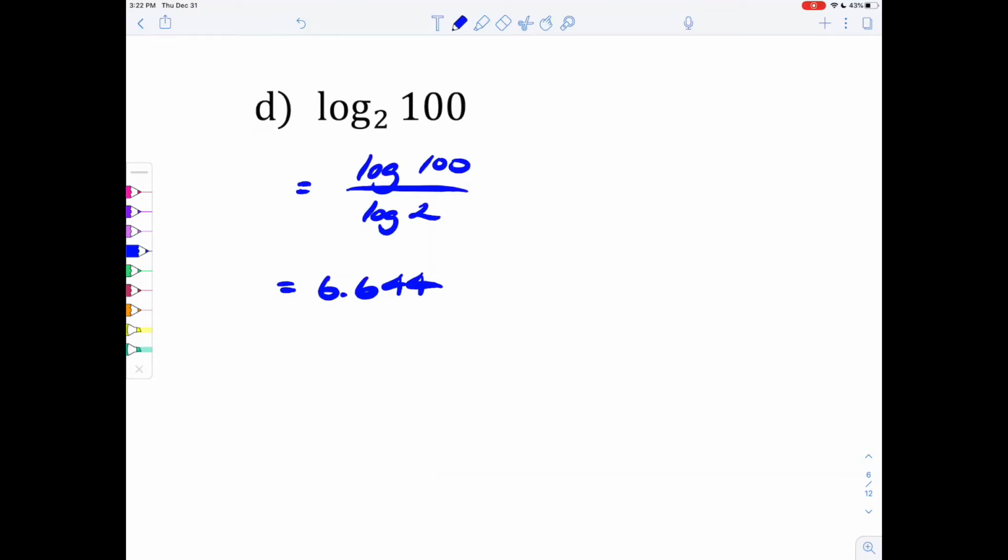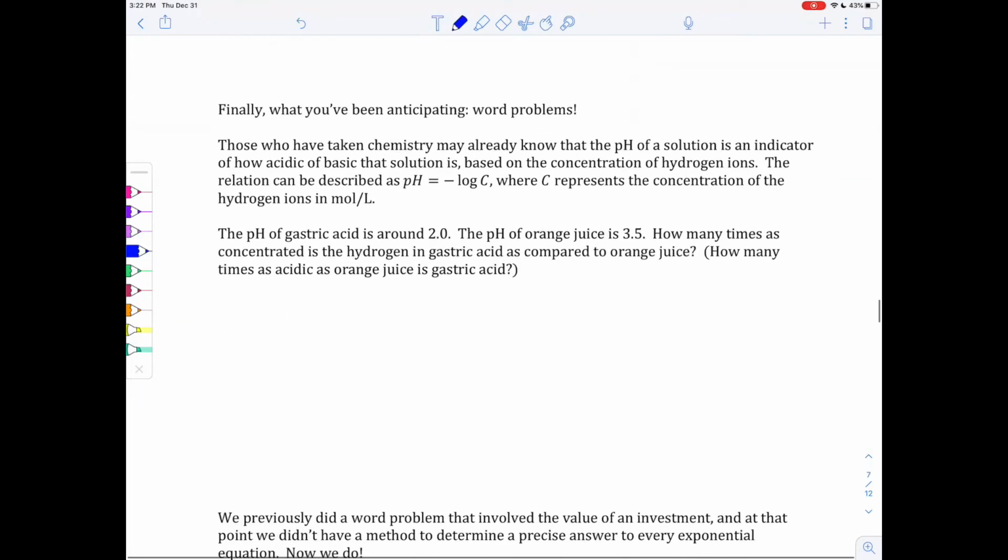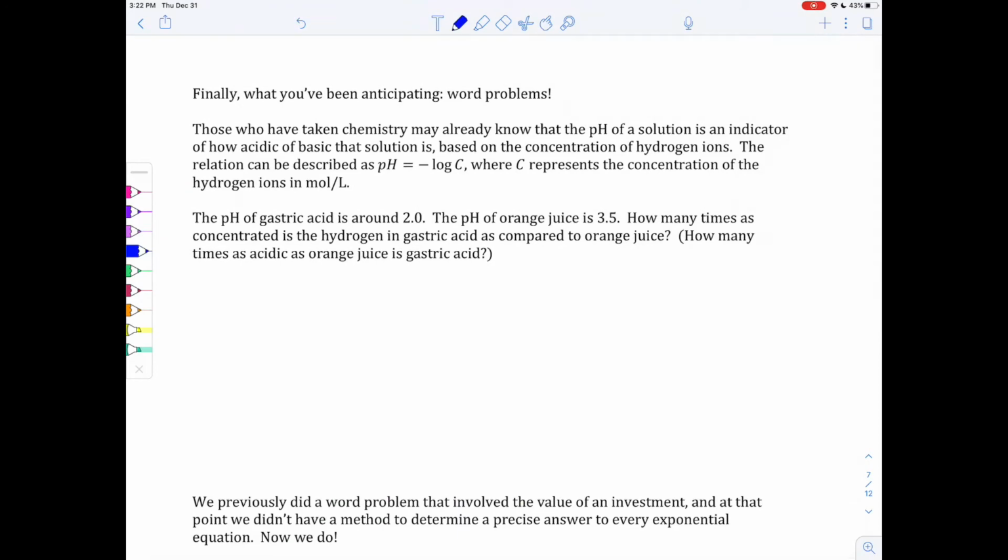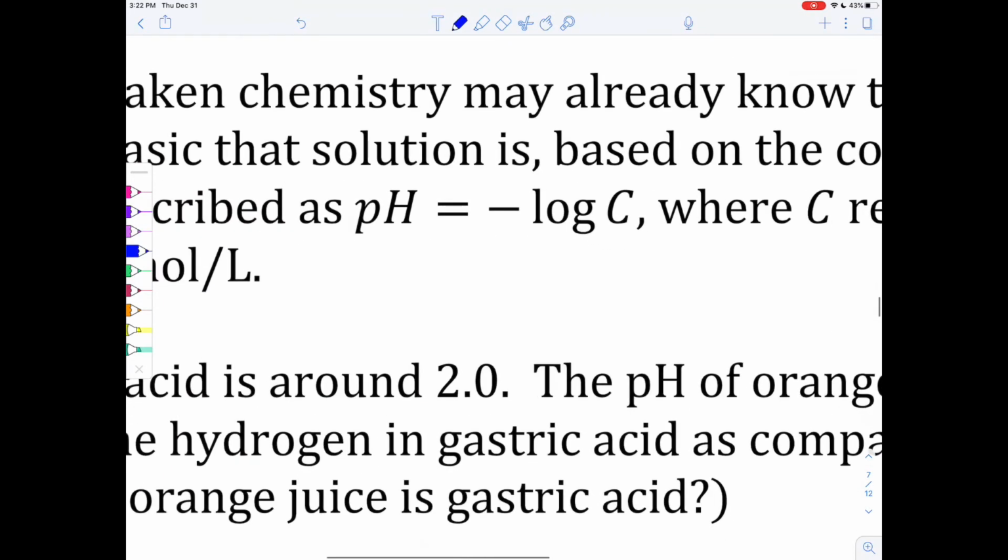Where does this come into play in practical application? It comes into play in these kind of contexts that we'll see on the next page. So something like chemistry is a place where you can see logs used. If you've taken chem, at this point you should have heard of pH, which is power of hydrogen.